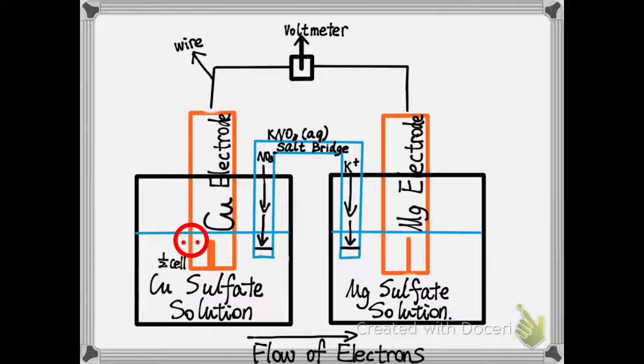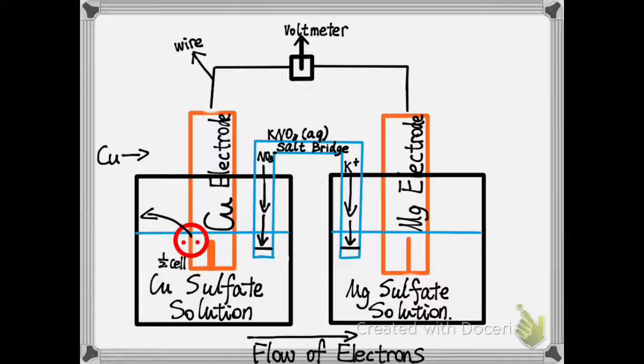Which just means it actually has a reaction, but we cannot see it obviously, and nothing is changed. The reaction between here, we can write it here.